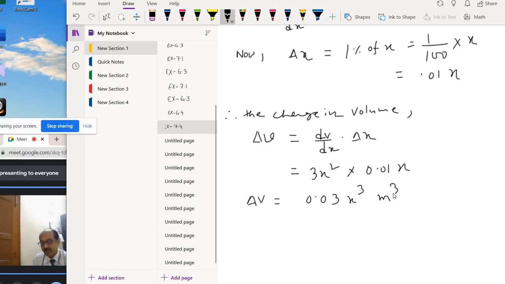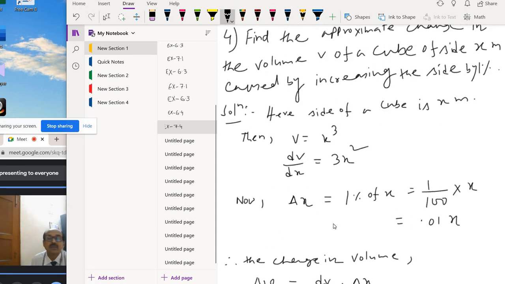So 0.03 x cube m cube is the answer, the change in V. Okay, clear how to solve this? Yes, sir.